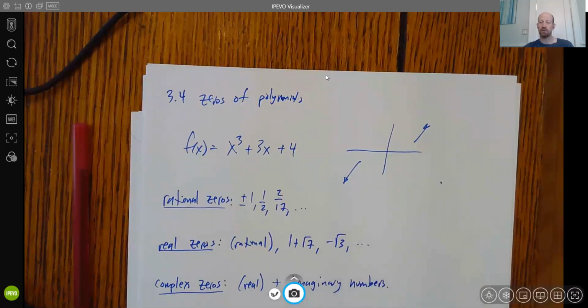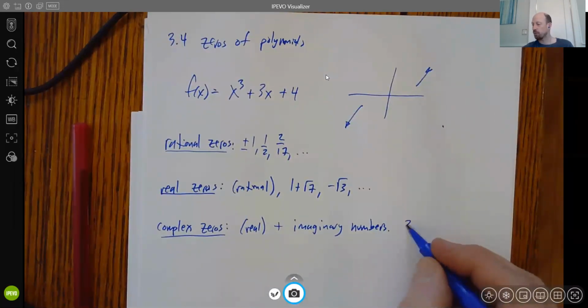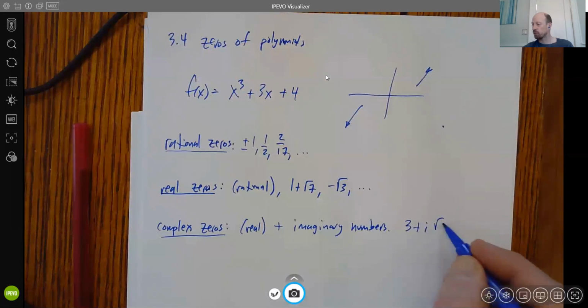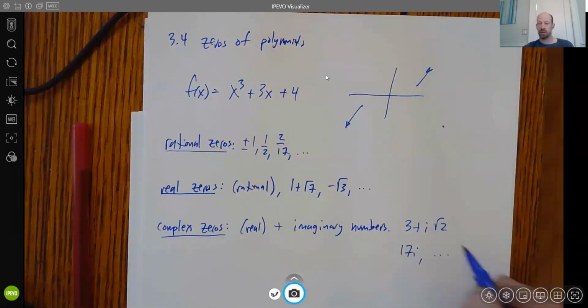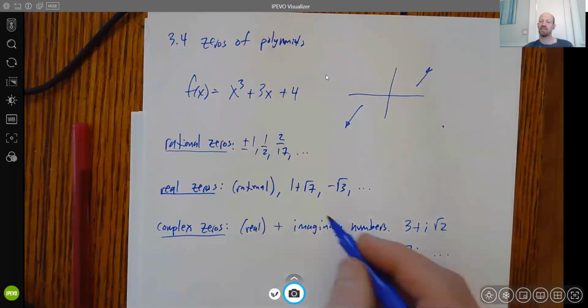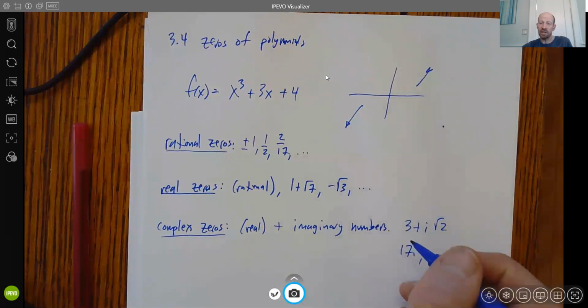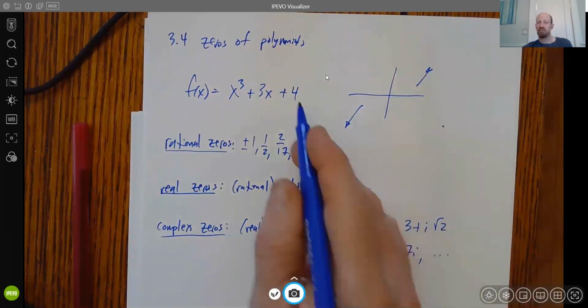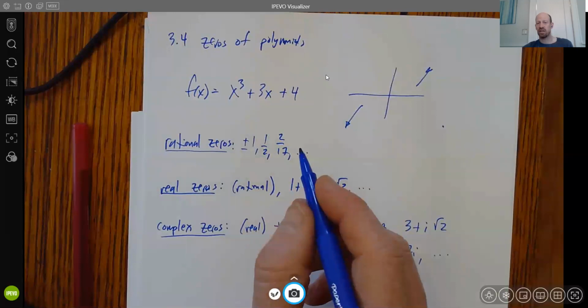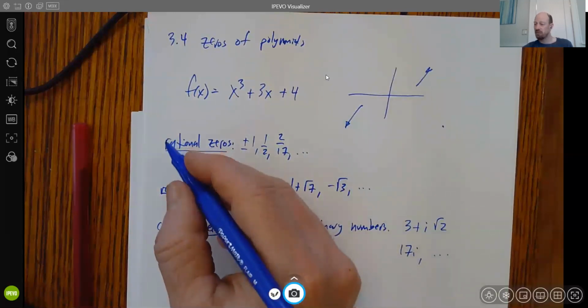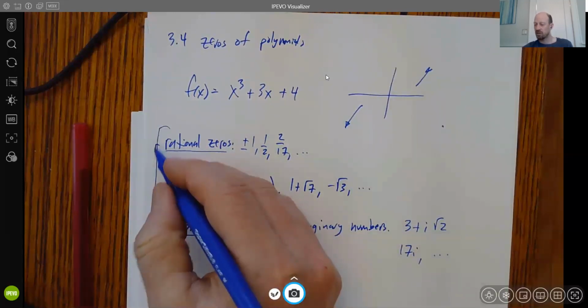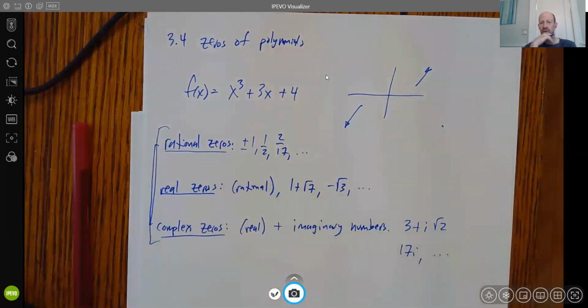And you would have seen and worked with these in the quadratic formula, things like 3 plus i square root of 2 or 17i, etc. Okay, so if the number has an i in it, then it's not a real number and it doesn't have a location on this axis, but it's still a number and it still can potentially make this function equal to 0. So we need to be very conscious and careful when we are looking and answering these questions.